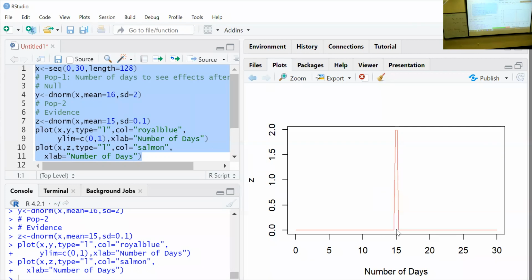So the gap there is the variability. There is not a lot of variability among the people who responded with the number of days when they started feeling effects. This is close to that, yes.